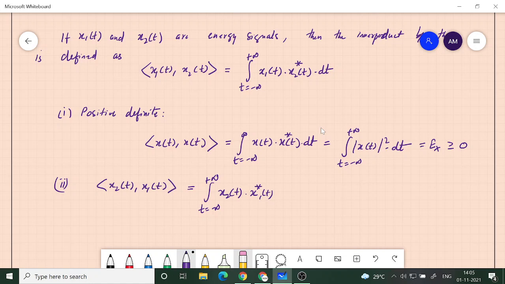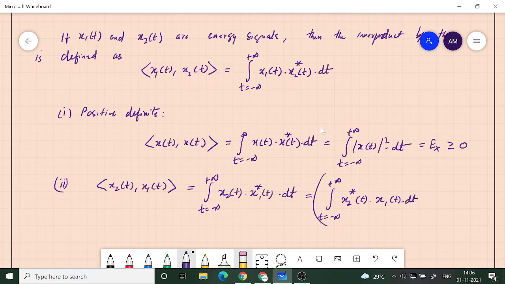Now you can do a mathematical manipulation: put a conjugation outside and remove the conjugation here.